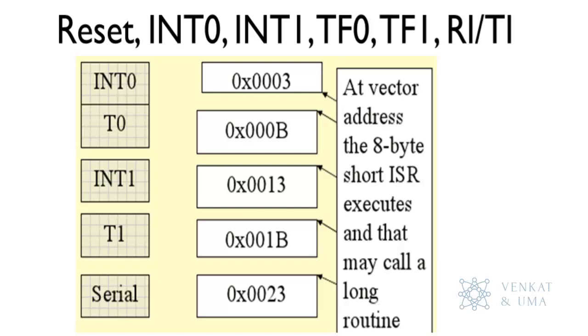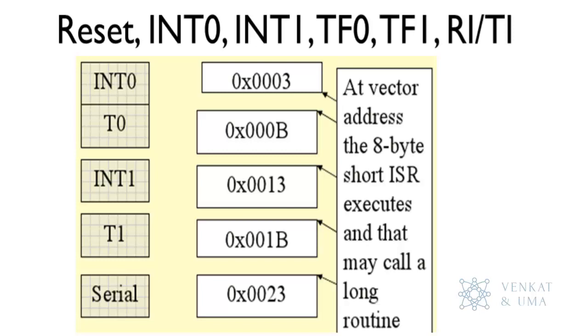So that is the memory vector address to which the processor will go and try to fetch the subroutine or the ISR or the instructions of what needs to be done when this interrupt is generated or asserted. Similar for T0, INT1, T1 and serial communication.